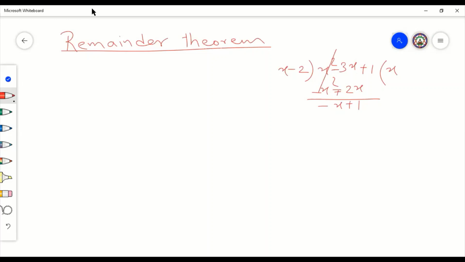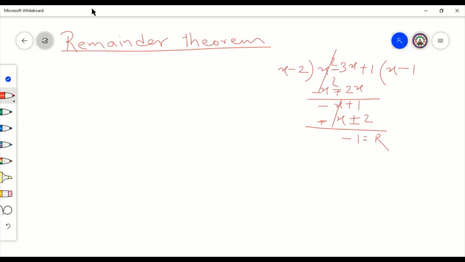Same again: minus x divided by x gives minus 1, and minus 1 times x minus 2 gives minus x plus 2. We change the signs, the x terms cancel out, and we get minus 1. This is called the remainder. This minus 1 is called the remainder.